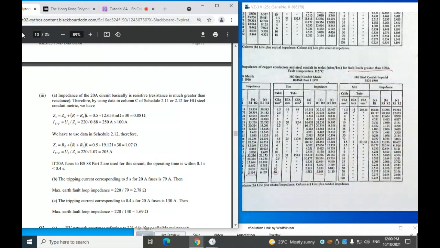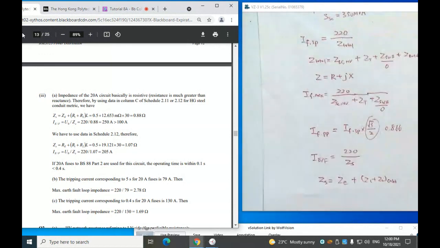But at the beginning, we don't know whether this is less or greater than 100. So you may try to use 2.11 first, and see whether the result is greater than 100 or less than 100. If not, then try to use schedule 2.12.